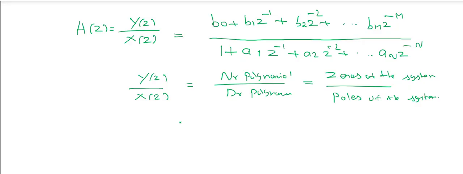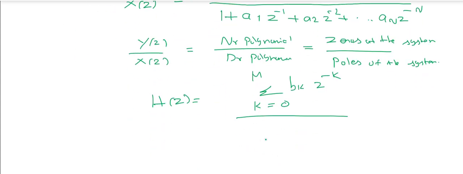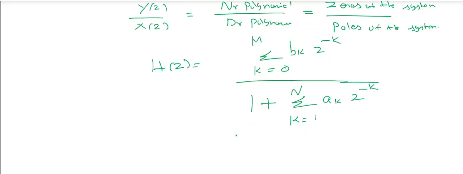Okay. So now you can write H of z equal to the summation of k equal to 0 to m of bk into z minus k, divided by 1 plus the summation of k equal to 1 to n of ak into z power minus k, where ak and bk are the feedback and feed forward coefficients.